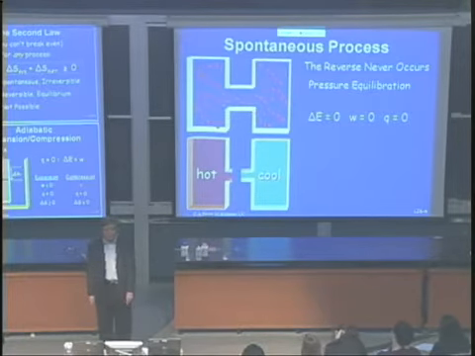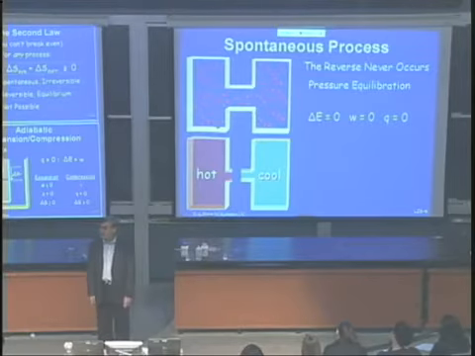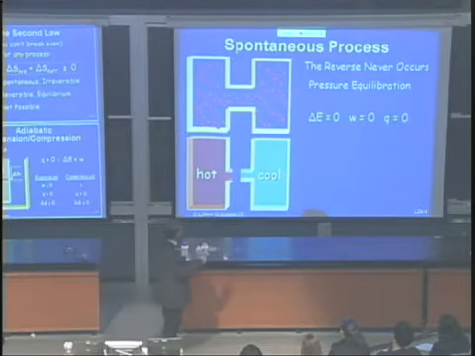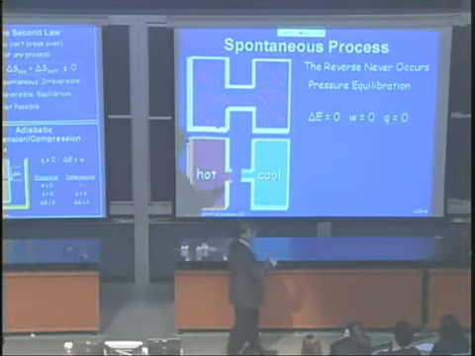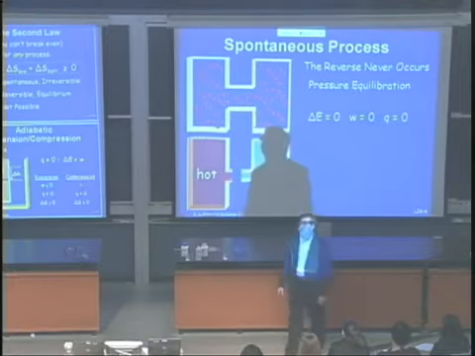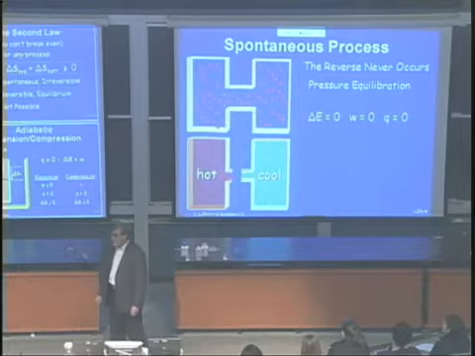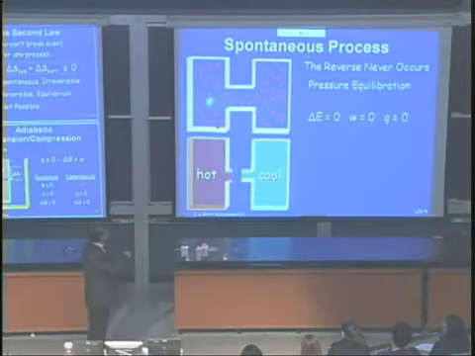With no work done, the internal energy of the gas stays the same, the change is zero. The work is zero, and the heat exchange is zero. So why on earth does it happen? If nothing happens, why is it still happening? Why does the gas not stay in here and this stays empty?